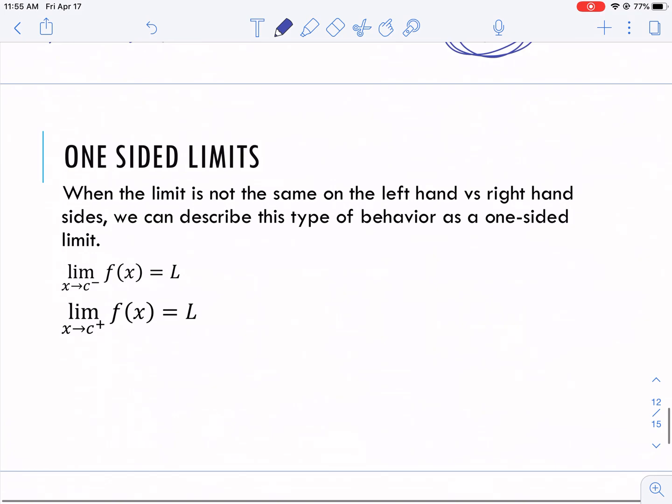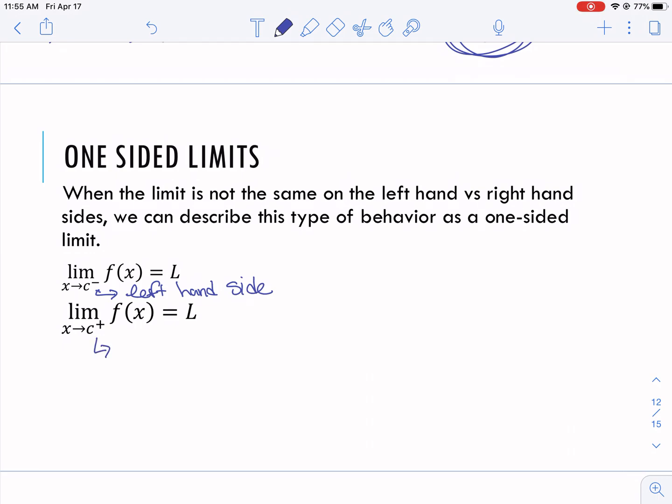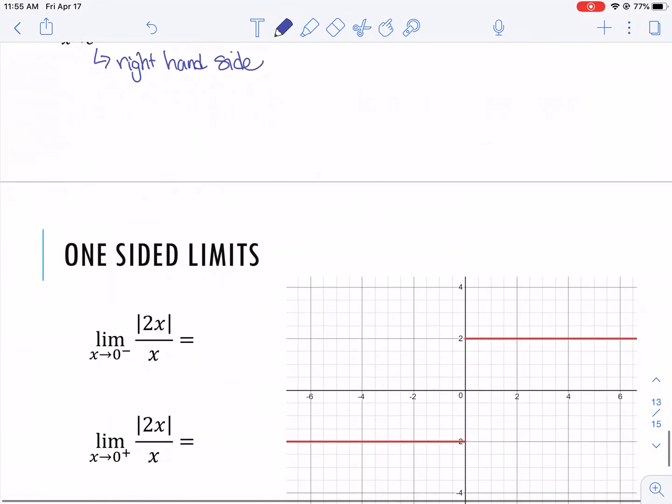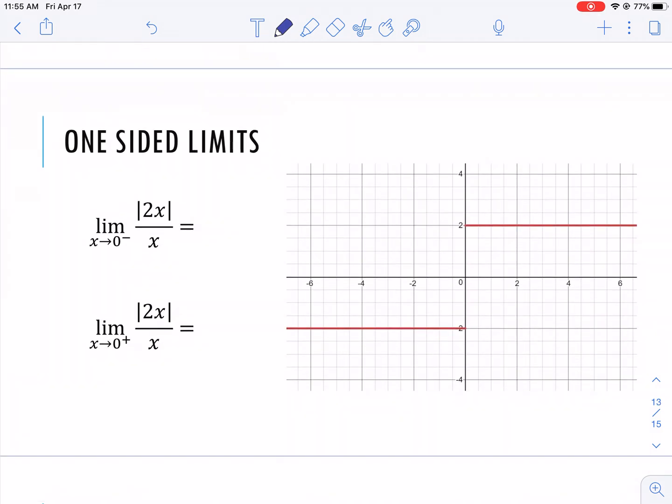So, like we talked about earlier, one-sided limits. Just a refresher: when it's a little negative sign, that means left-hand side, and if it's a little plus sign, it means right-hand side. So, one-sided limits here.